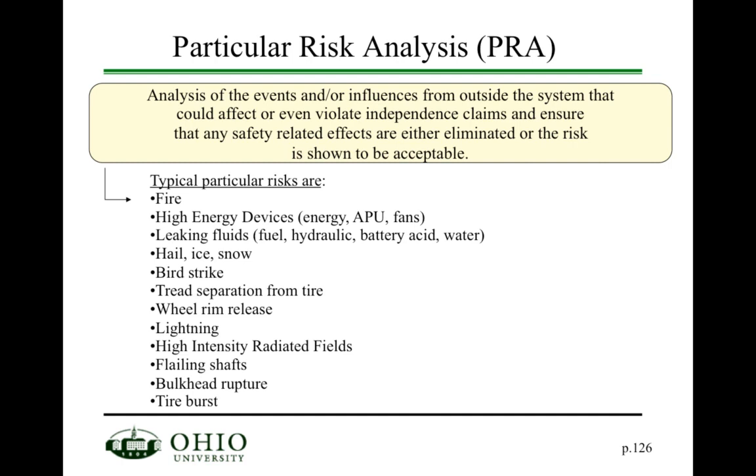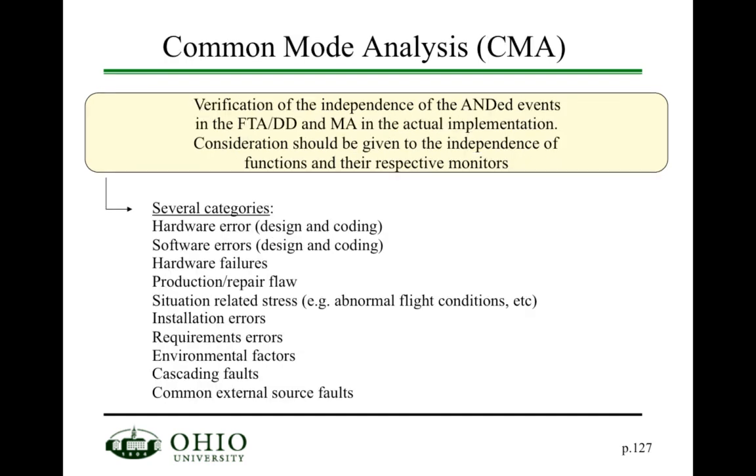Lightning could cause you to lose a significant amount of the electronic system on board an aircraft, etc. These are what we call particular risks, and they could lead to multiple failures at the same time of systems that you previously thought were independent. So in a particular risk analysis, you're going to analyze what these risks really are.